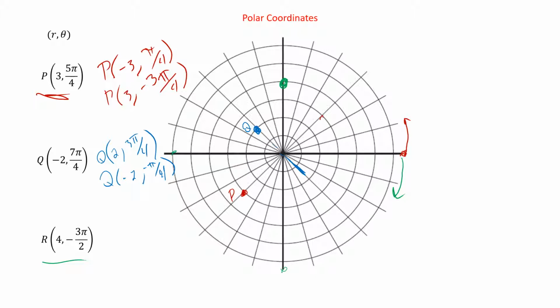That point right there, which could be negative 4 and then only going back to 1 pi over 2, or we could be positive 4 but going forward to 1 pi over 2. And so, different ways of writing each of the graphed points.